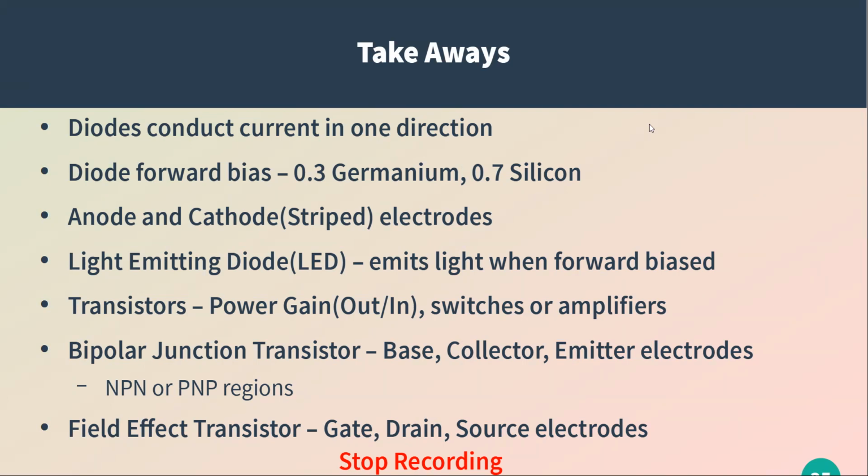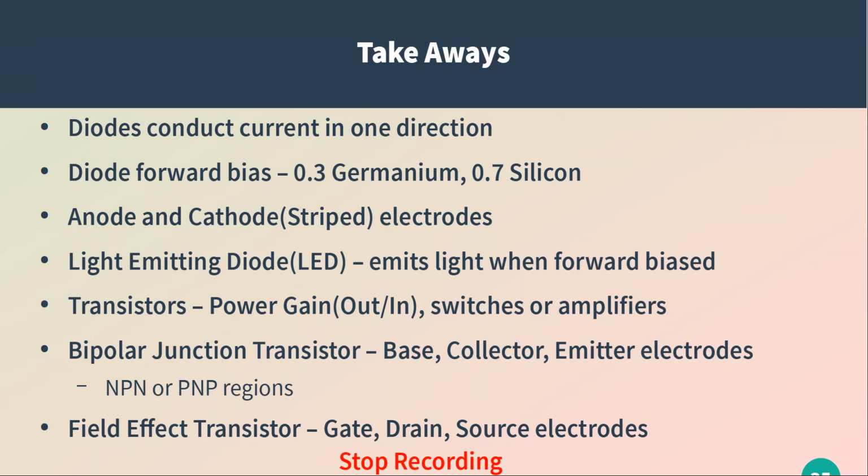Okay, so what we learned: diodes conduct in one direction, even if it's a tube diode. Semiconductor diodes have a forward bias voltage of 0.3 for germanium, 0.7 for silicon. A diode has an anode and a cathode. The cathode is striped. A light emitting diode emits light when it's forward biased, or has forward current flowing through it. In other words, it's got to be over that junction.